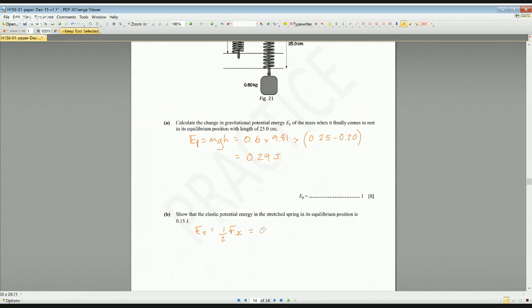So 0.5 multiplied by the force acting, which here is mg, so again 0.681, again multiplied by that change in extension x, 0.25 minus 0.2, gives an elastic potential energy of 0.147 joules. This is a show that question, so you better well show all of your working to get the marks.